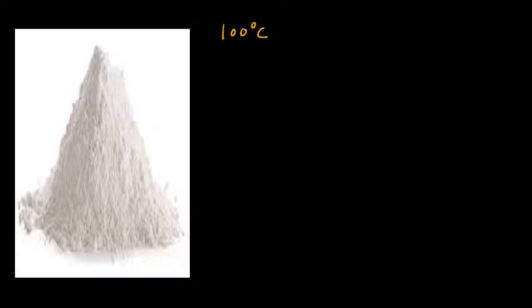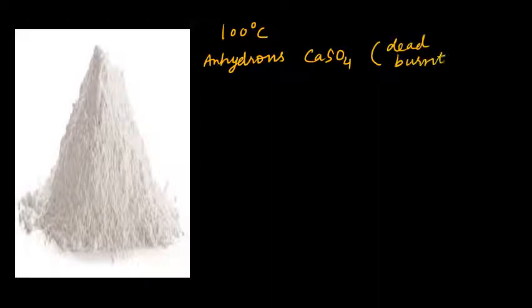Otherwise, the whole of the water of crystallization is lost, producing anhydrous calcium sulfate, and it is called dead burnt plaster. Unlike plaster of Paris, it does not have the property to set after mixing with water.